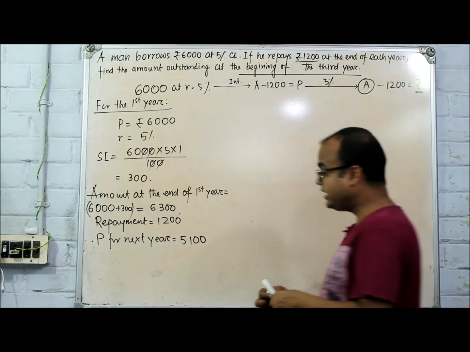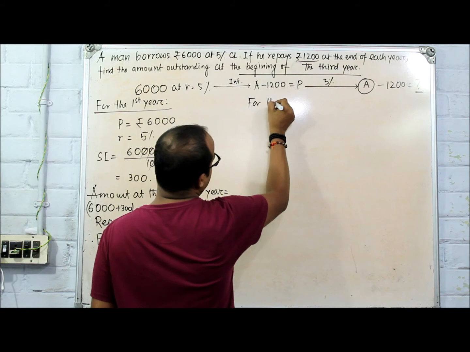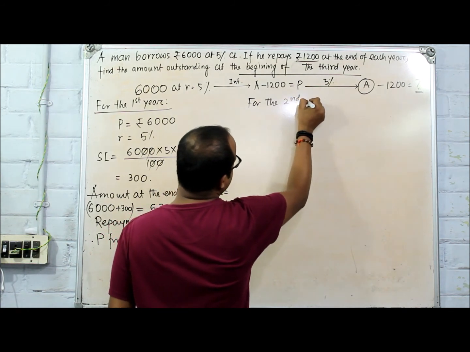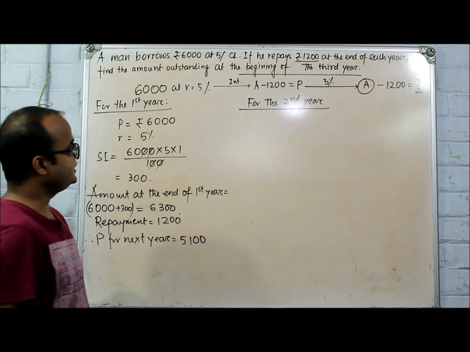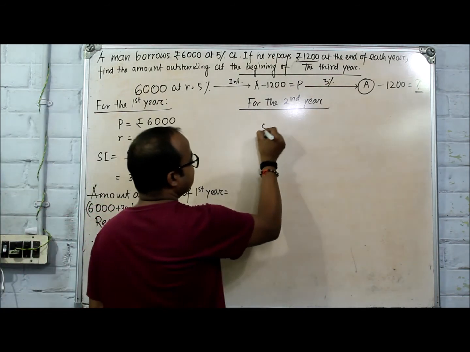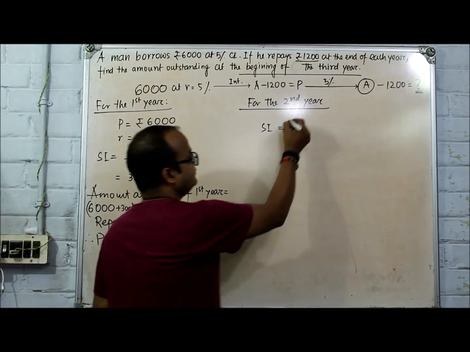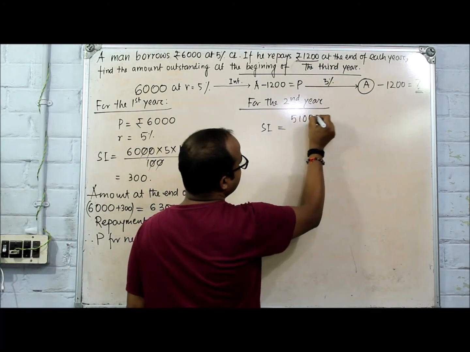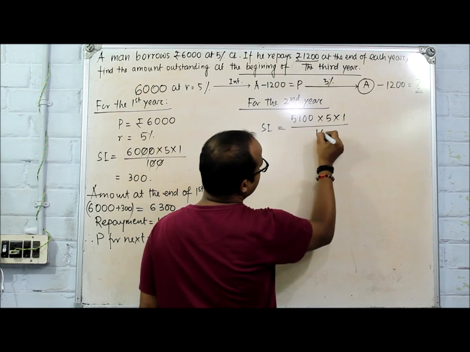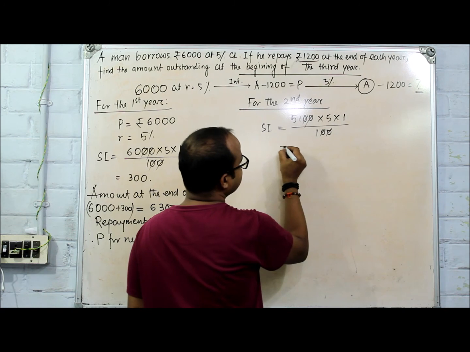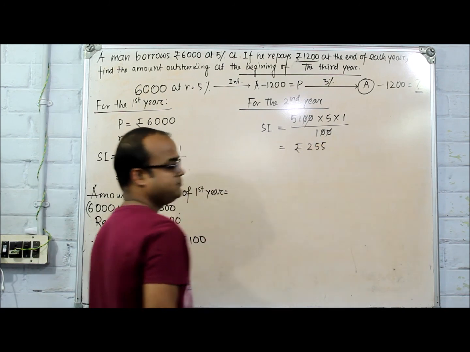Now we calculate for the second year. For the second year, SI is equal to P, 5100 rupees, into R into T by 100, which is rupees 255.